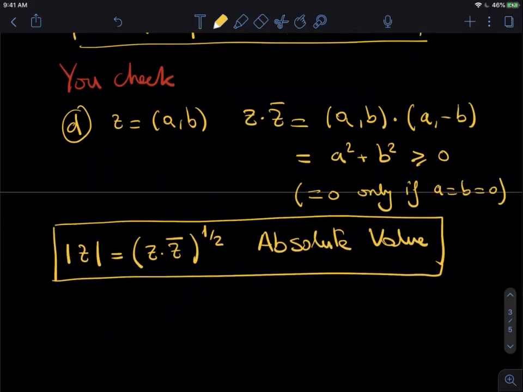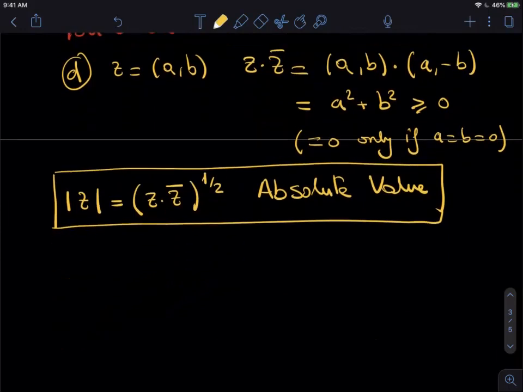All right, so this quantity comes up a lot in the problems and in the computations with complex numbers. There is one thing here that I would like to emphasize. If we have a real number, in that case, the absolute value is also the square root of the square.